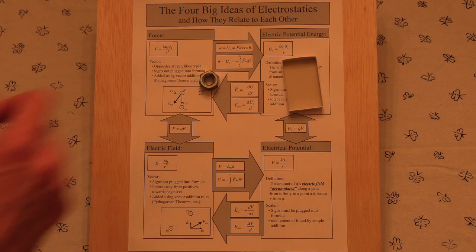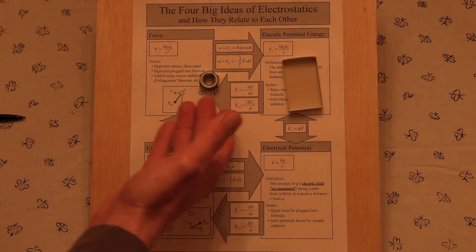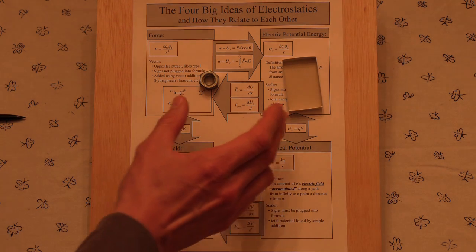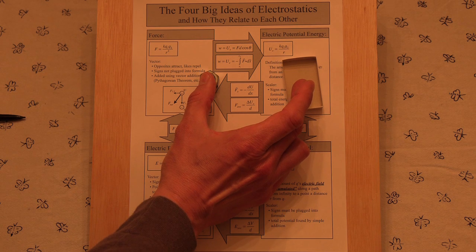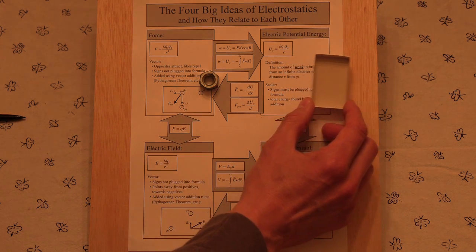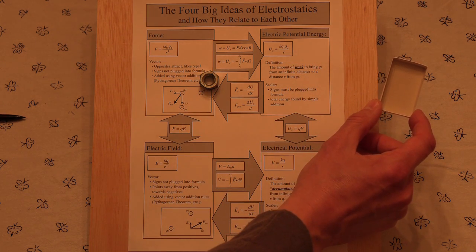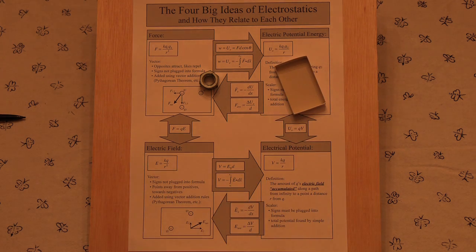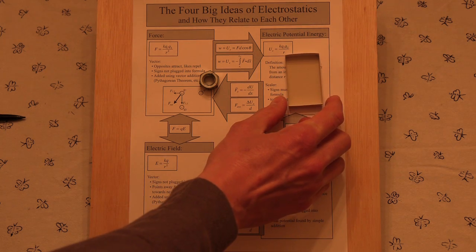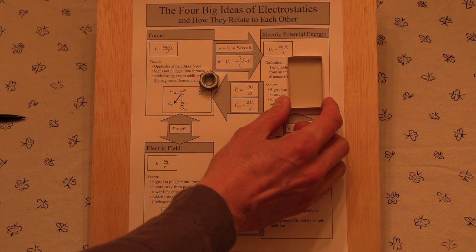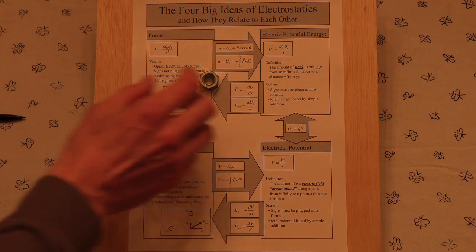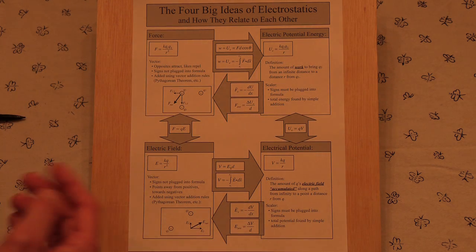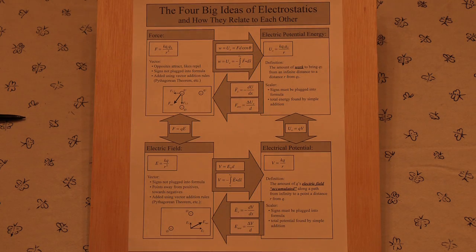What does that answer tell me? It tells me the amount of work to bring this from outer space all the way in to that point. So that's technically the negative work done by the electrostatic force coming from infinity in. That's the key idea. You have to realize it's from infinity into a point where you are away.